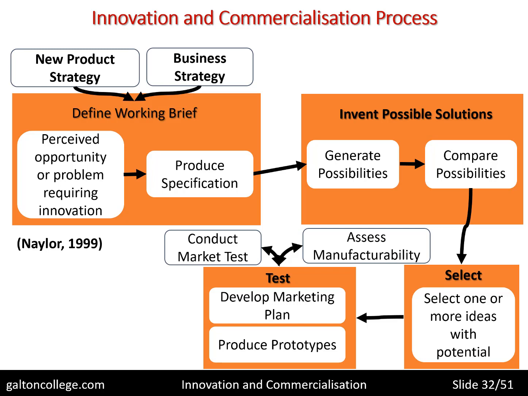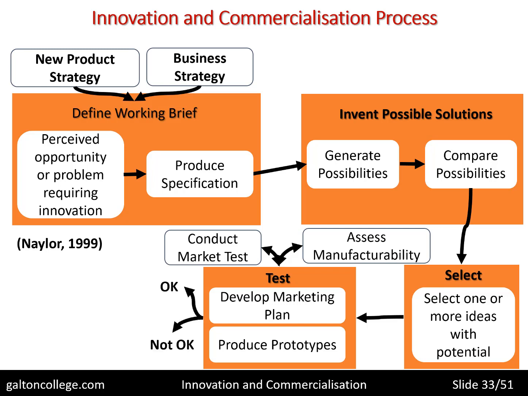So look at the costs in terms of raw materials, labor, machinery, and look at what could have been done had this product not been developed. Well, it should be taken into account as well. And produce prototypes. Produce samples to see if it works and if it delivers what is promised.